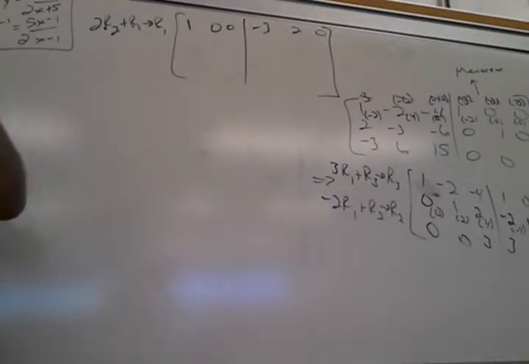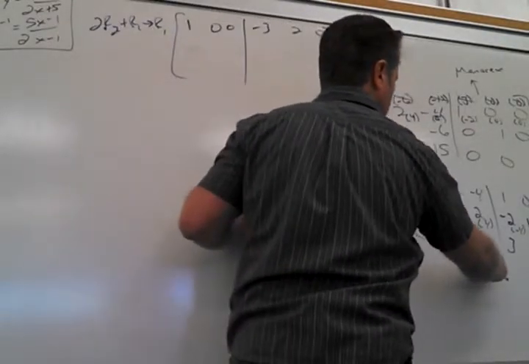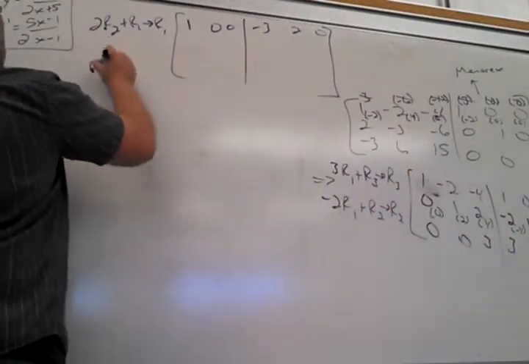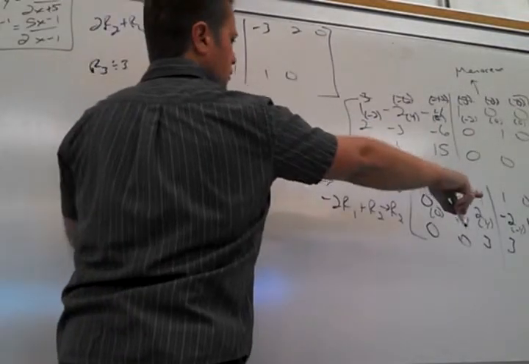That's cool. The first one's done, right? And the last one, this is not pretty, but what can I do with this row? Yeah, divide by 3. So I get 0, 0, 1, and 1, 0, 1/3.